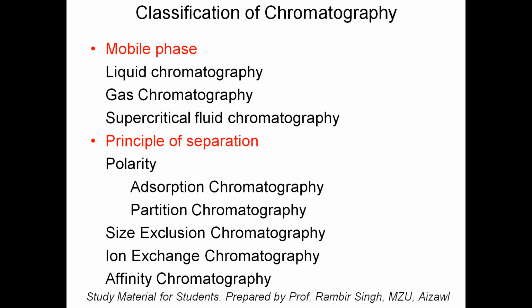For that, polarity was very difficult to assess, so we came across the idea of separation based on size. If you have to separate a molecule based on size, invariably one change we have to make is in the stationary phase. What change would you propose to make in the stationary phase?